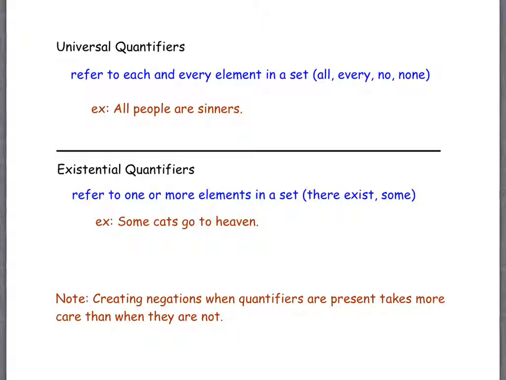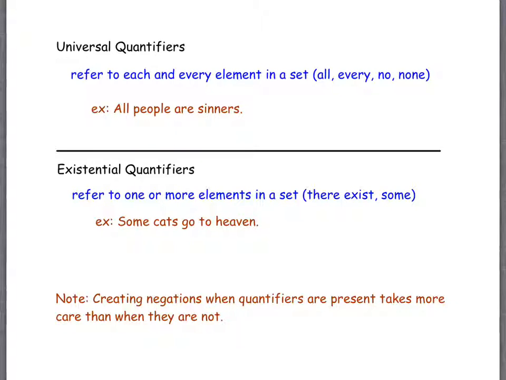There are two types of quantifiers: universal quantifiers and existential quantifiers. Universal quantifiers refer to each and every element in a set. So you see words like all, every, no, none. They're the words that your mom told you to avoid when you were saying, every time I do this, something happens.